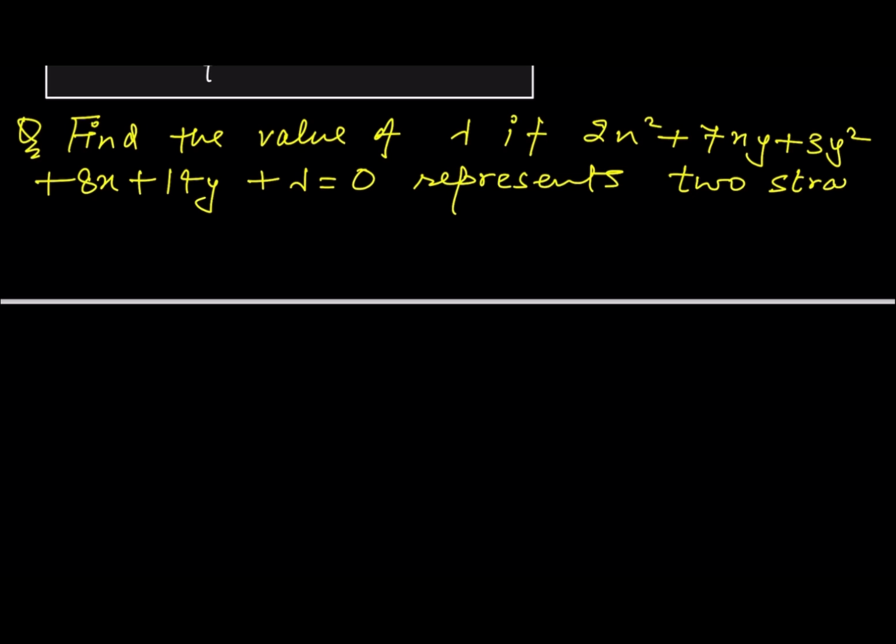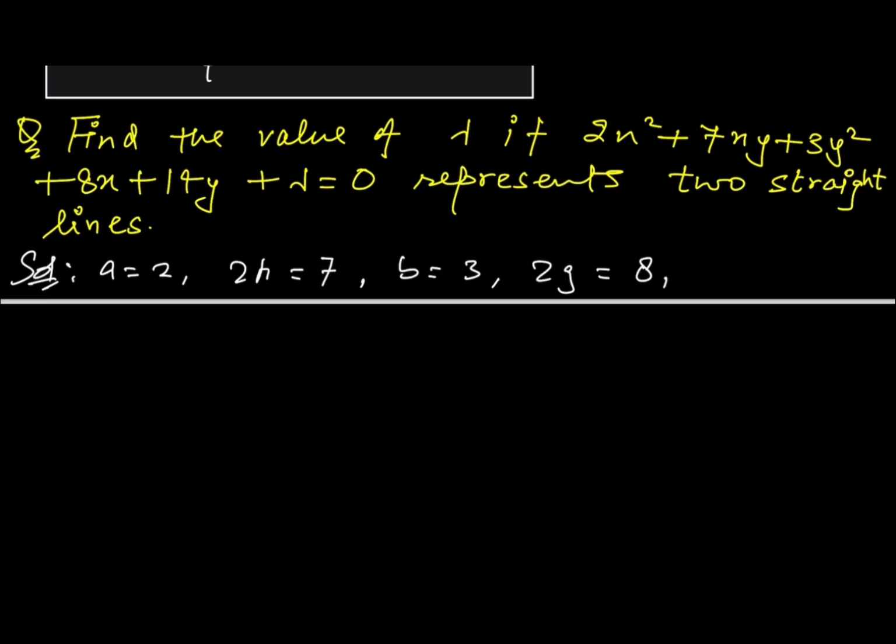For this we have to use that condition. If any general equation of second degree represents a pair of straight lines, then its delta will be 0, right? So here A is 2, 2h is 7, right? B is 3, 2g is 8, 2f is 14 and C is lambda, right?